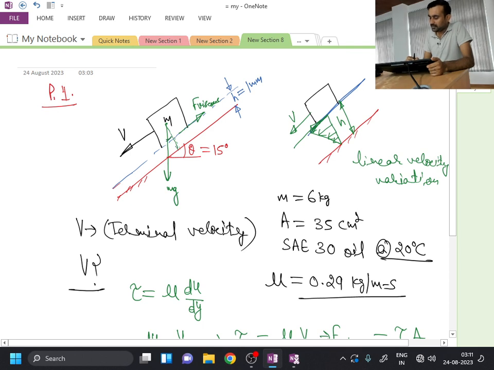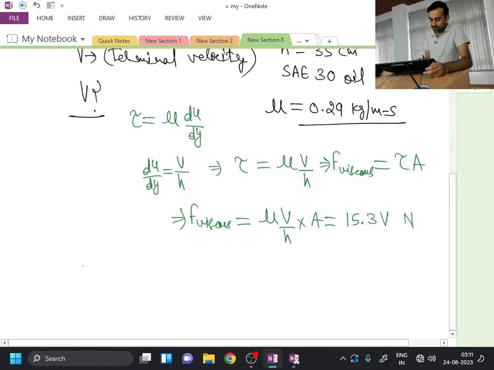This angle will be theta. So the component of this force parallel to the viscous force is mg sin theta. So I can say that F viscous from the force balance is equal to mg sin theta.